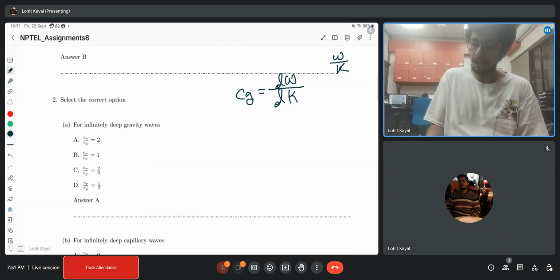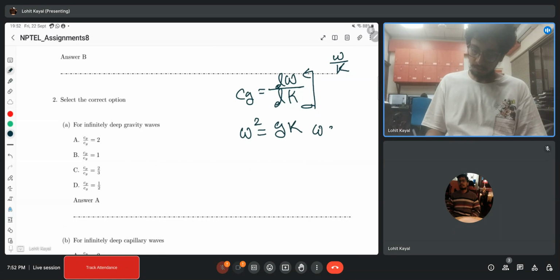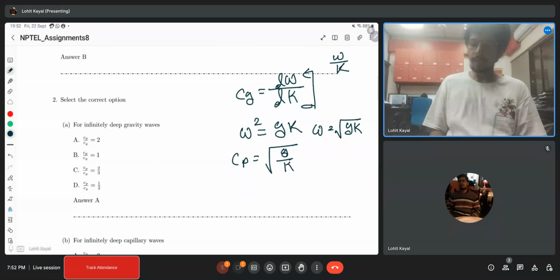So as a limit, we get this expression d omega dk. Now for infinitely deep gravity waves, what is the governing equation? Omega square is equal to gk, so omega is equal to the square root of gk. So now the phase velocity is the square root of g by k.